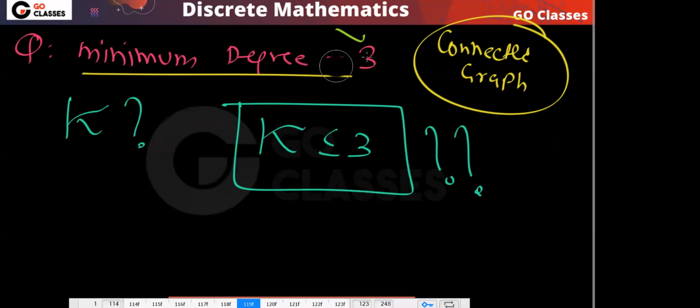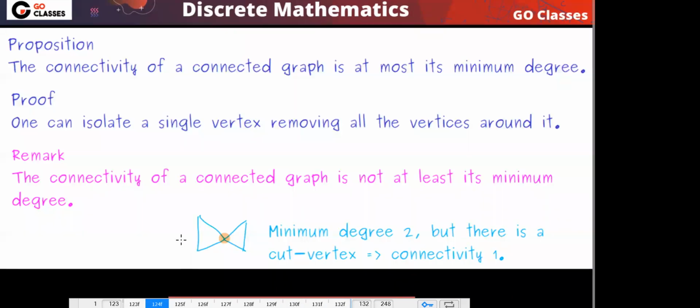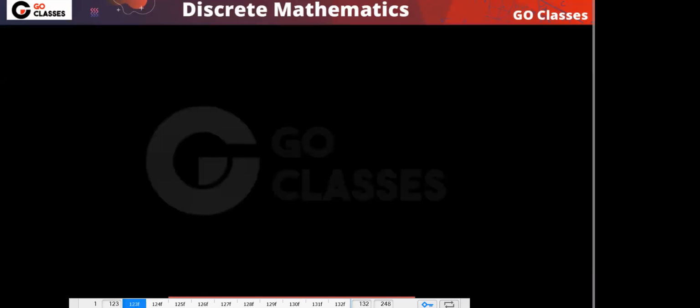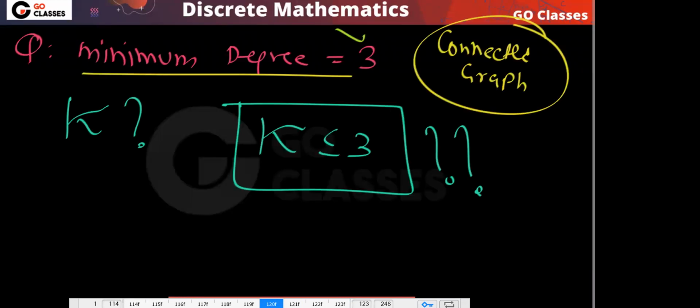Let's see. Start with 1. If the minimum degree is 1, can I say that kappa will be less than or equal to 1?